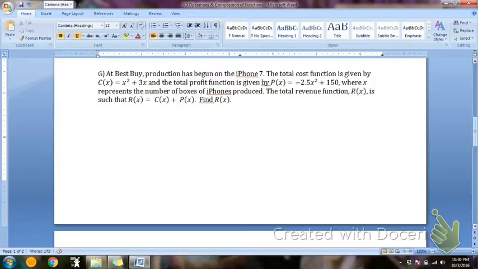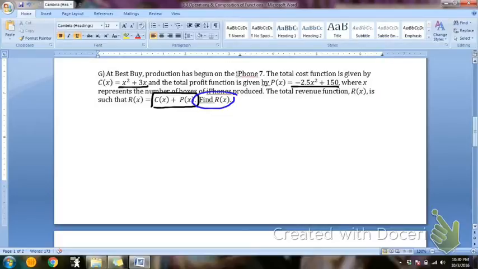Now, this problem seems a lot harder than what it actually is. The entire problem is asking you to find C of x plus P of x. We have an equation to represent C of x. We have an equation to represent P of x. So all I need to do in order to find R of x is to add C of x plus P of x. Can we do that?